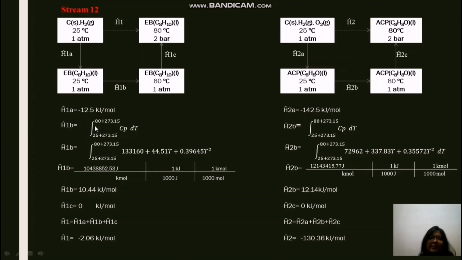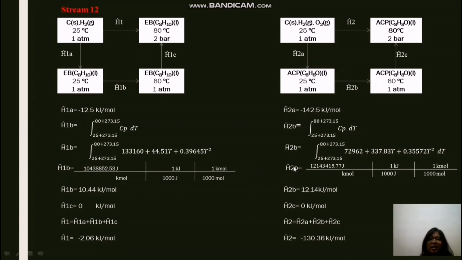We can integrate the CP and do the calculations. Since the change of pressure is very small, we assume that the change of pressure is neglected in every calculation. Then by adding H1A, H1B, and H1C, we can get the enthalpy 1.